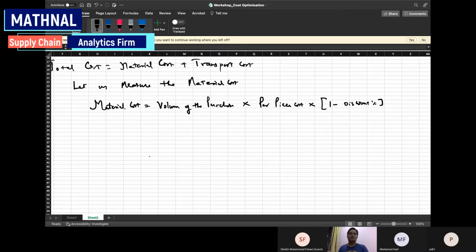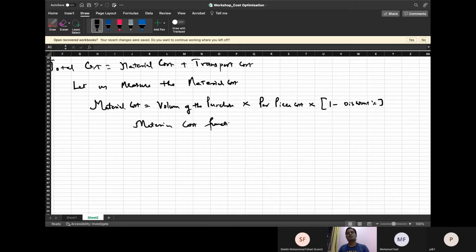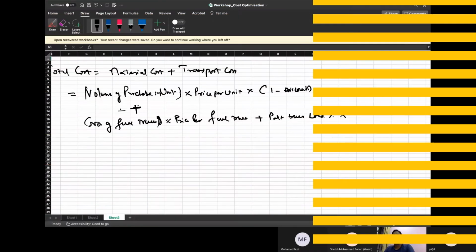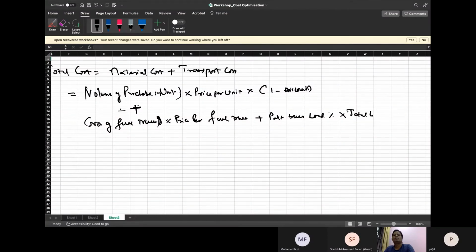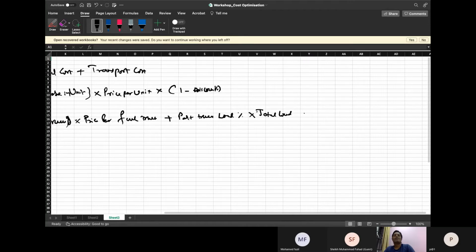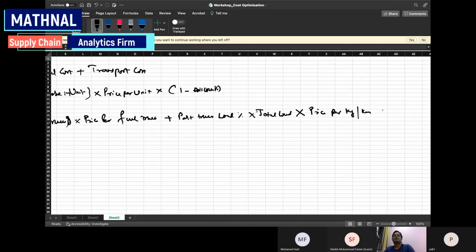This is a function, called the material cost function. If you want to measure your material cost, this is how we have to purchase. Let's think from the common sense point of view: total load into price per kg per kilometer into total kilometer.